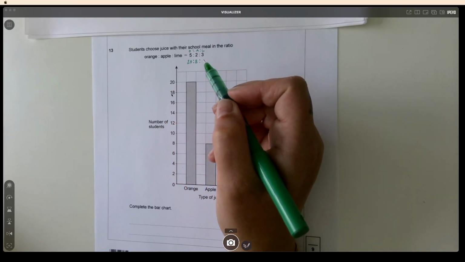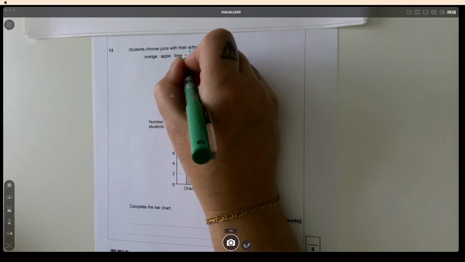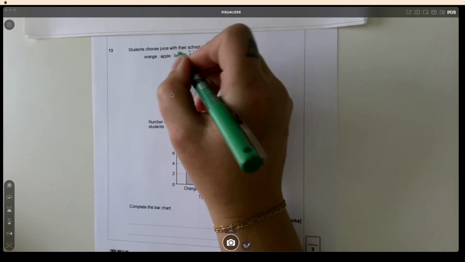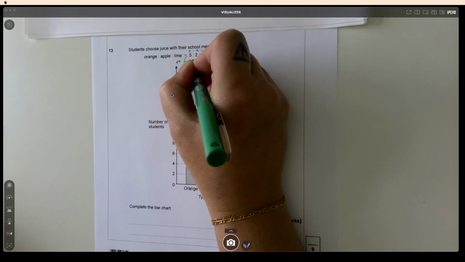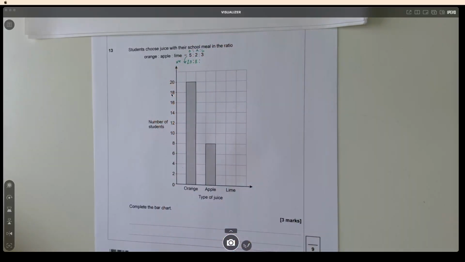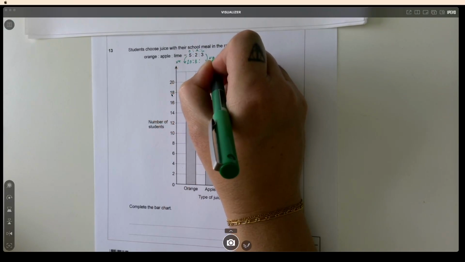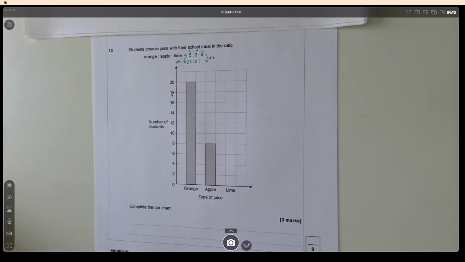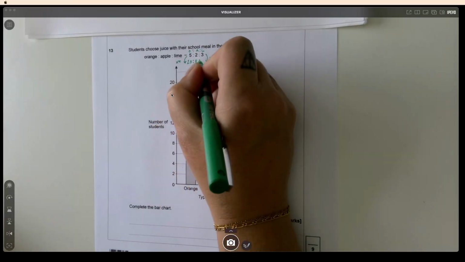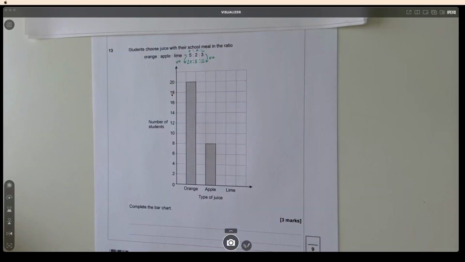So we need to see what the scale factor is that they've changed by. To get from 5 to 20, we would multiply by 4, and to get from 2 to 8, we would multiply by 4. So we can assume then that if we multiply the parts of the ratio for lime juice by 4, that will tell us how tall to make our bar.